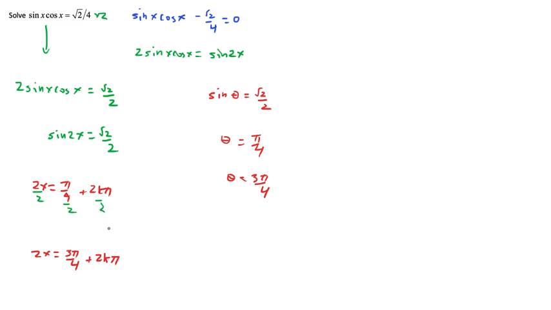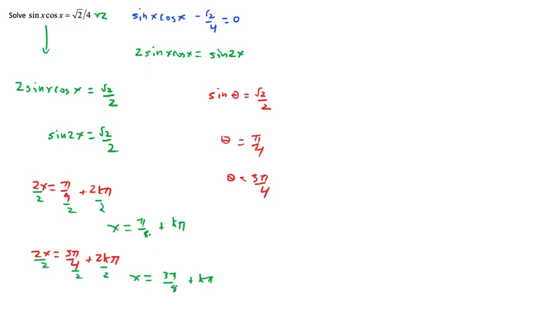So I get x is equal to pi over 8 plus k pi now, because the period has changed, and then x is equal to 3 pi over 8 plus k pi, because once again, we're going to divide each of these by 2 as well. So there we go.